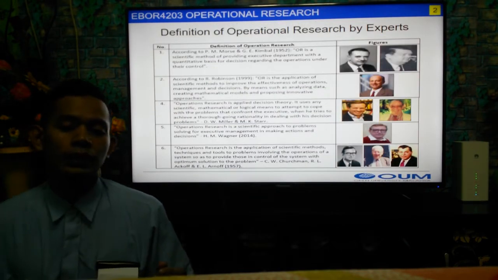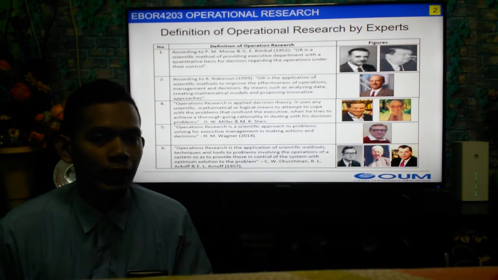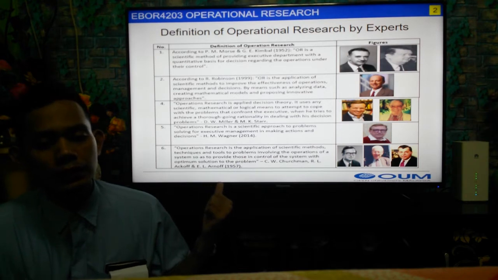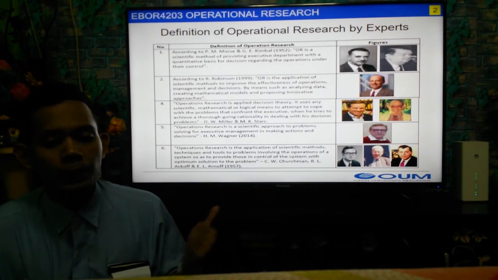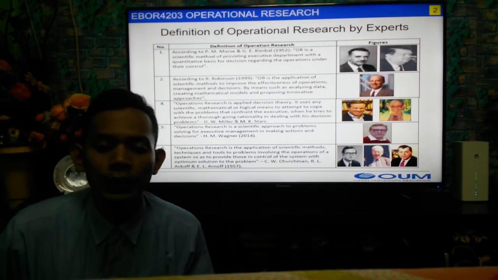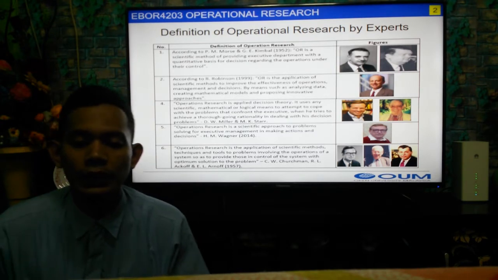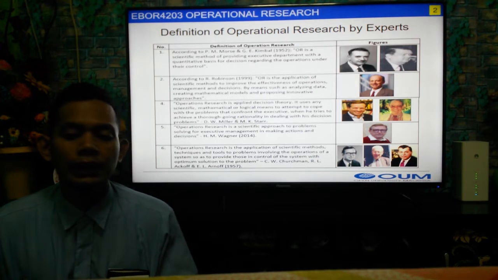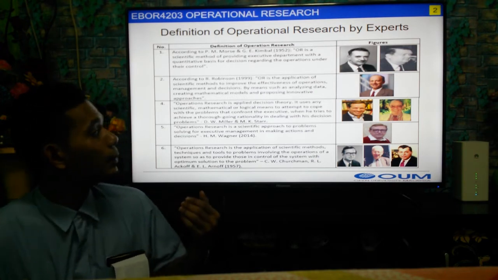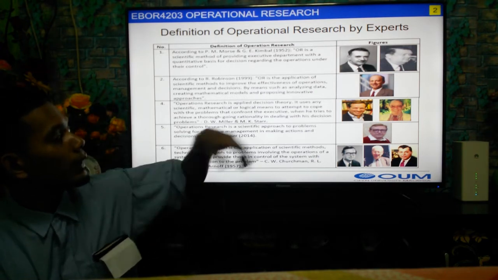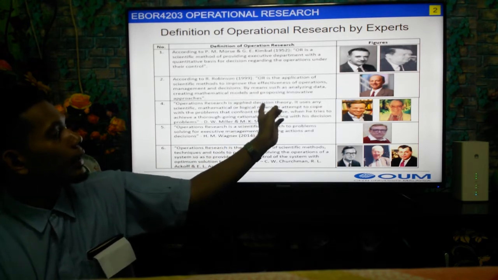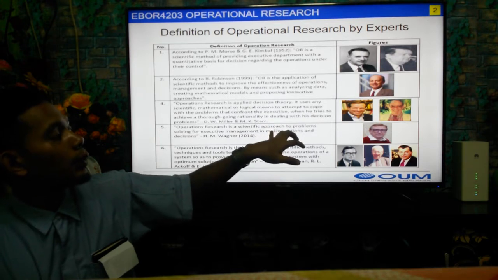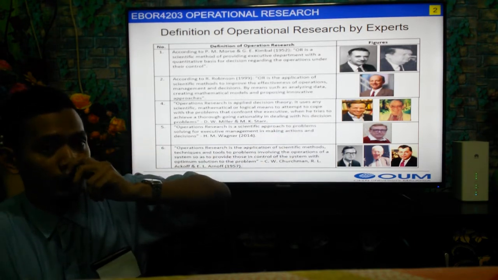For further understanding of OR, let's look at definitions by experts. According to P.M. Morse and G.E. Kimball, 1962, OR is a scientific method of providing the executive department with a quantitative basis for decisions regarding the operations under their control. According to R. Robinson, 1999, OR is the application of scientific methods to improve the effectiveness of operations, management and decisions by means such as analyzing data, creating mathematical models and proposing innovative approaches.